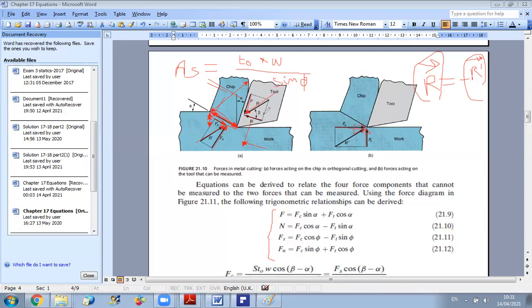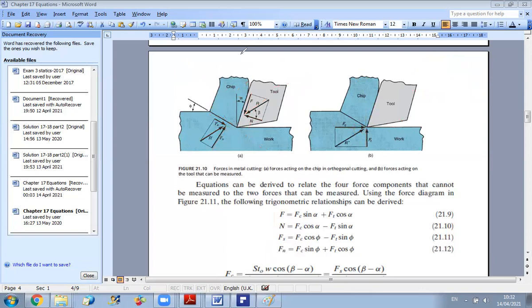I can decompose each force on the cutting direction and the thrust direction.